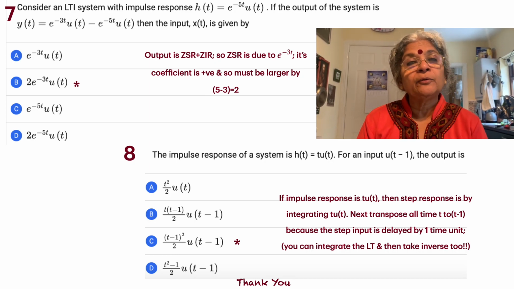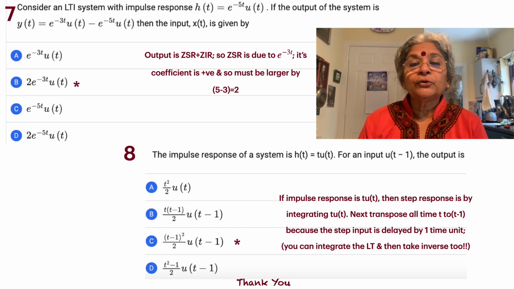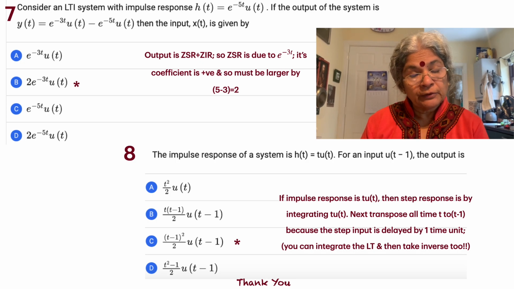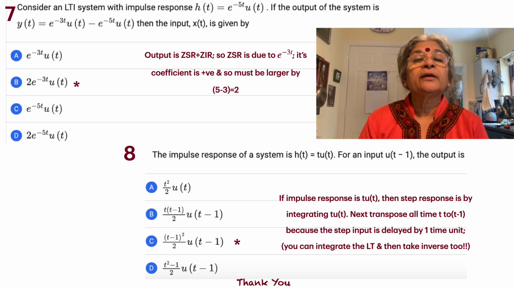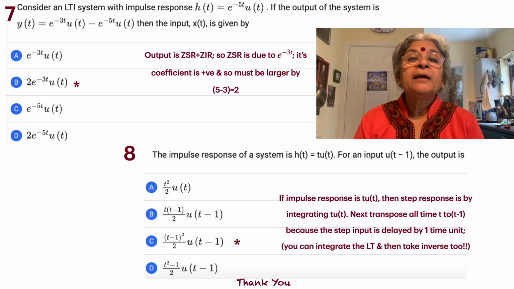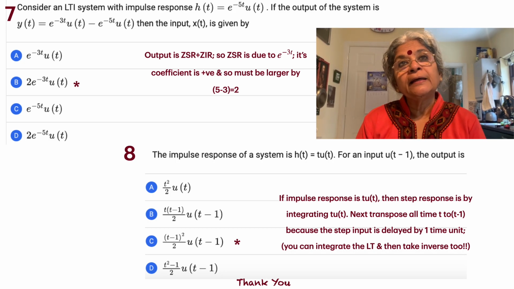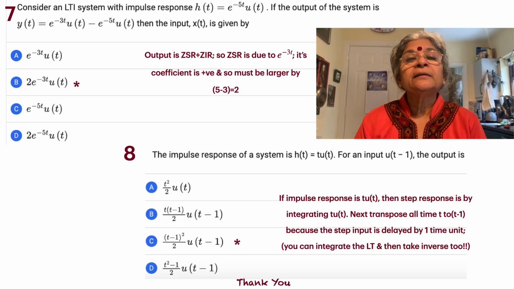So if you go back to the time domain, to get the step response, which is what we are doing right now, we see that 1 by s cube has a Laplace inverse given by t square by 2. But then we have not yet taken care of the delayed input. To take care of it, we have to remember that there is now an offset given by e raised to minus s.